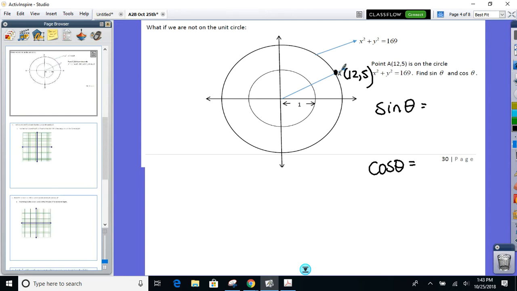We're going to bring this down vertically. And what they refer to as theta, that's my reference angle right here. That angle is going to be theta. Now, my challenge to you guys, and I know you can handle it. I believe in you.